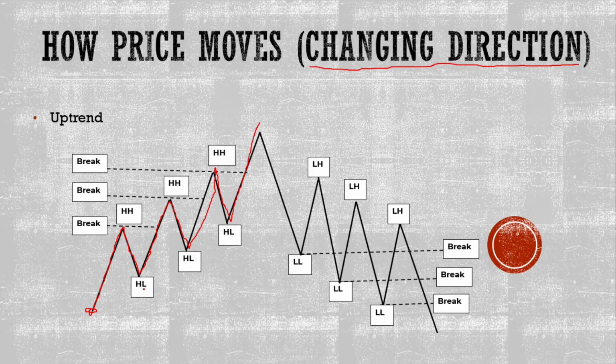Remember, in an uptrend it will be making higher lows, higher highs, and break of the higher high. Even up to this point, it will be making a higher low, pulling back, then pushing. As soon as it breaks this higher high, we shall mark a higher low, higher high, and this right here will be our break.